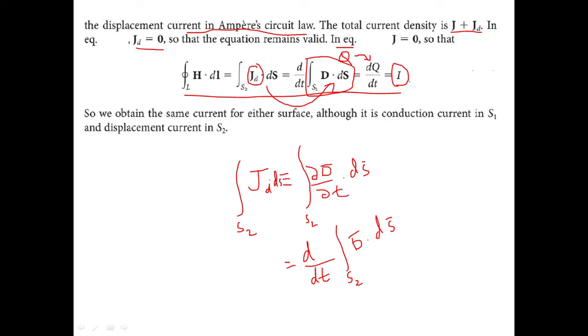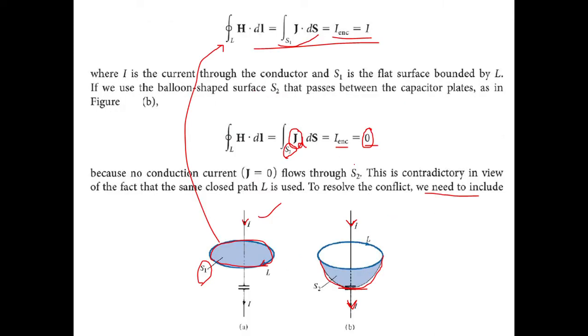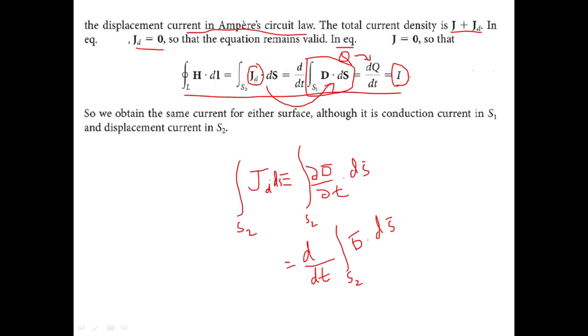So here, when we took J_D for the second case, that is this one, when we took the current density as J_D, because J was 0, we got the answer to be I itself, current I itself. So it is very important to consider J_D also, right? If it is steady state cases, this J_D will be 0, so there is no problem.